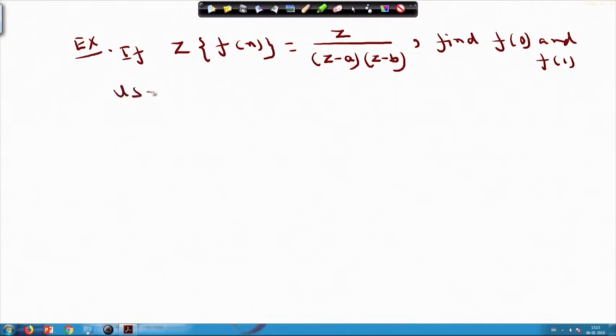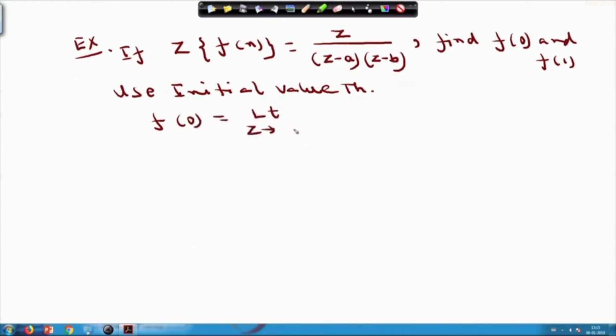Now, you use the initial value theorem. Using the initial value theorem, what can you write down? F 0 equals limit z approaches infinity F(z), and limit z approaches infinity F(z) is nothing but z by (z minus a) into (z minus b).